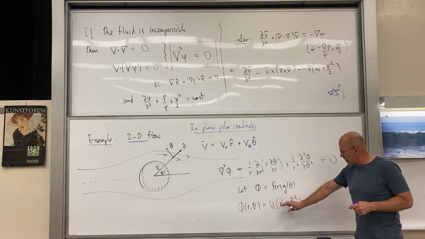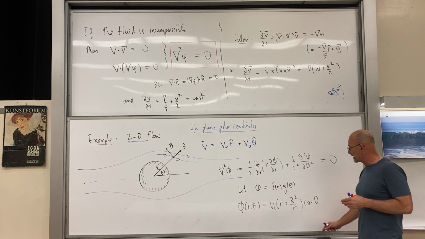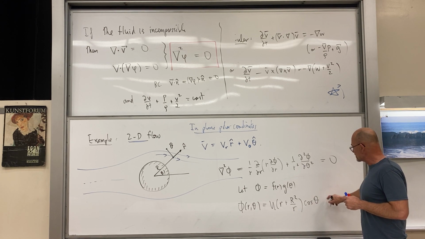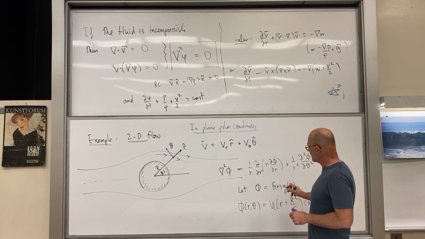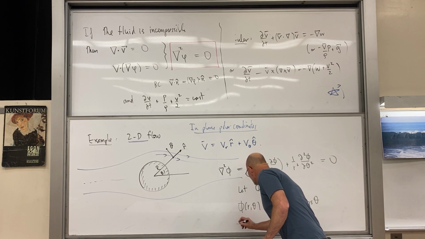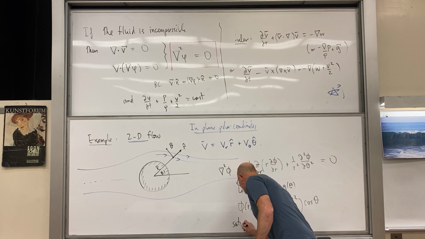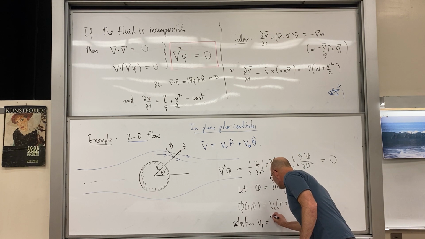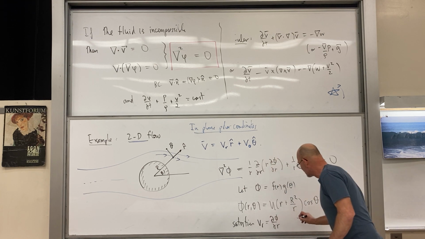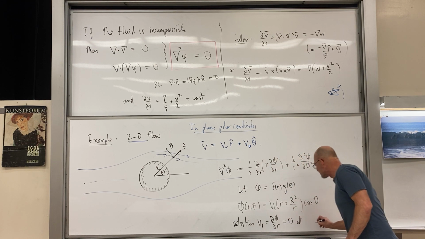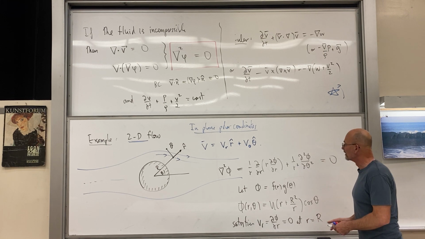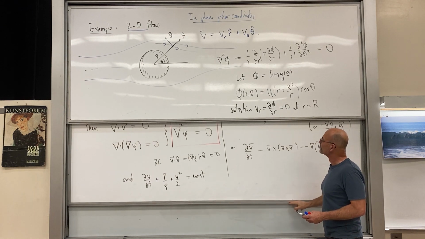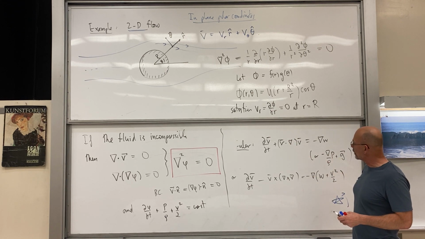This is one part of an infinite series that you would get, but it's the part that will satisfy the boundary condition: v sub r equals d phi/dr equals 0 at r equals capital R. You can test these things out, no problem.